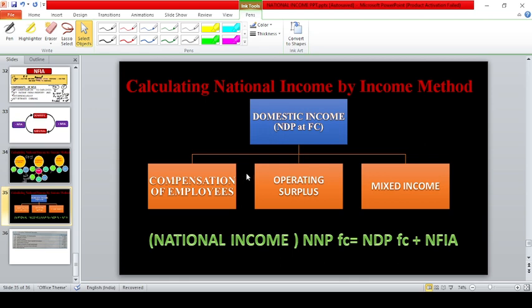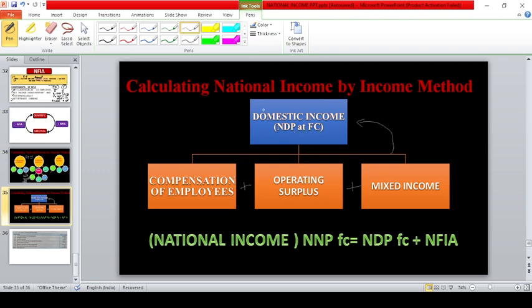Now whenever you calculate all the three things, that is compensation of employees plus operating surplus plus mixed income, you come to domestic income, that is NDP at factor cost, net domestic product at factor cost.